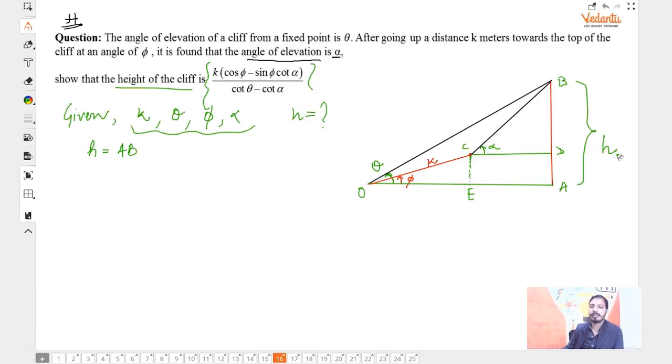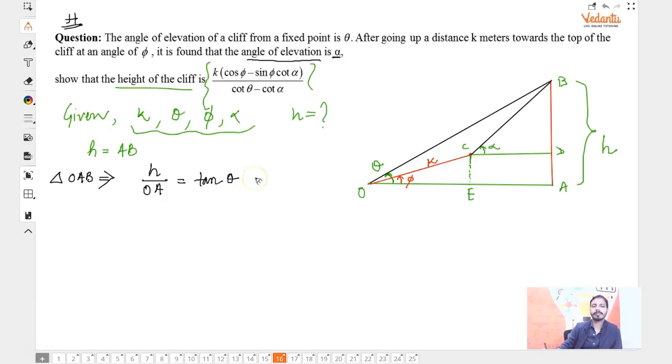of the cliff, right? Now if you see the triangle OAB, here what do you get? You can say that this height by this hypotenuse or this base OA is equal to tan of theta.